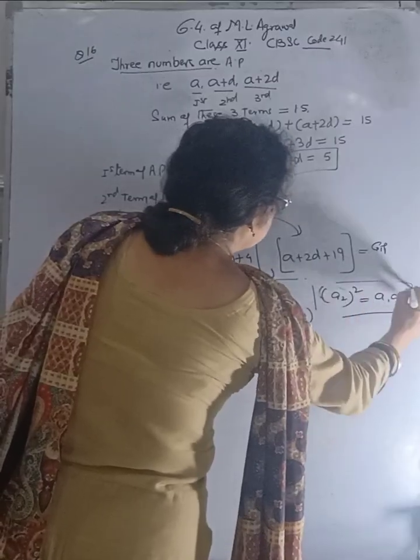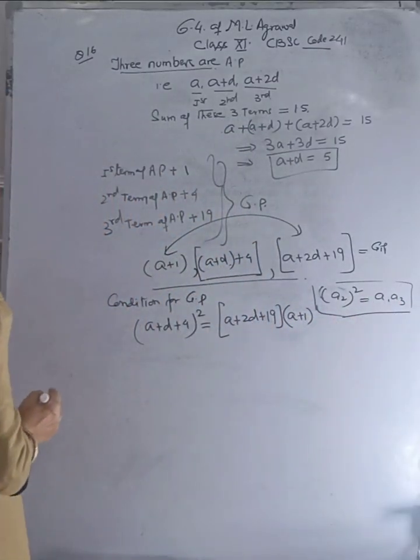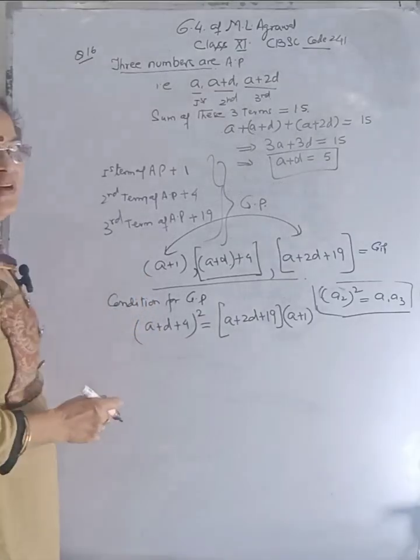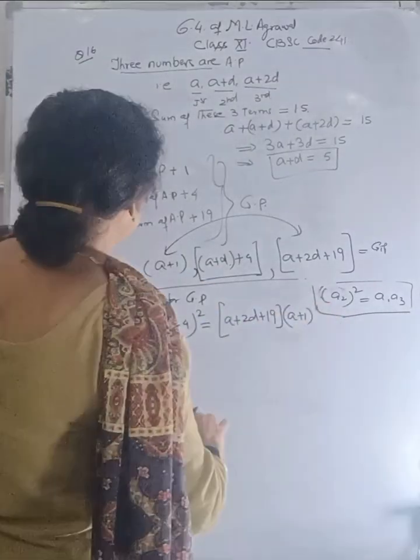This is the rule of GP: the square of the middle term will be the product of the side terms.